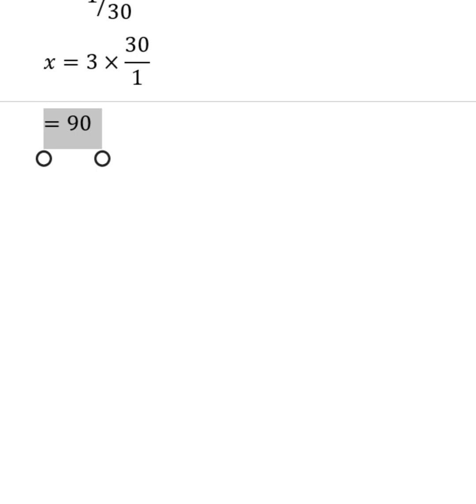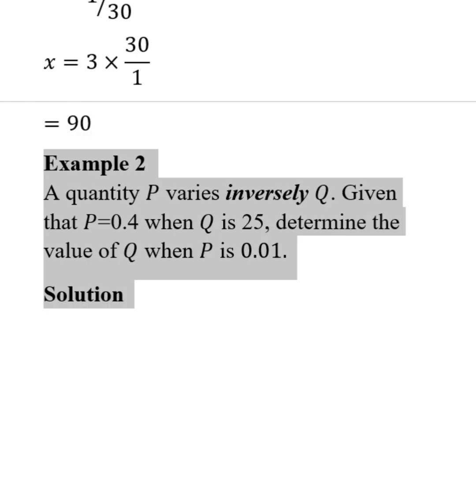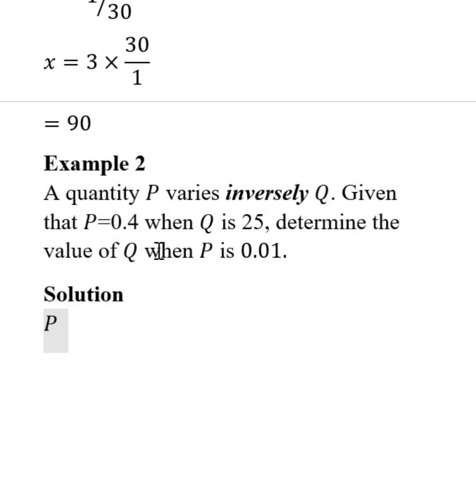The next one, another example, we are told a quantity p varies inversely as q. Given that p is 0.4 when q is 25, we are to determine the value of q when p is 0.1. So we start by coming up with the equation. We shall say p varies inversely means we write the reciprocal of this, so 1 over q.